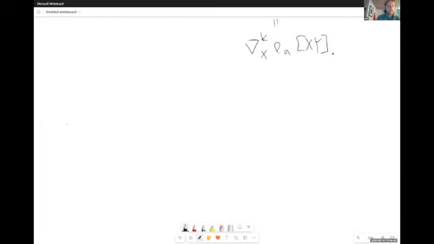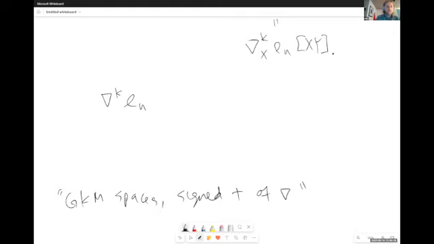So the statement is, and this is in a follow-up paper called GKM spaces, Signed positivity of nabla. And so this is an expression for En of xy over 1 minus q.